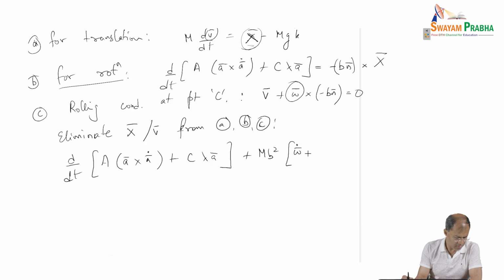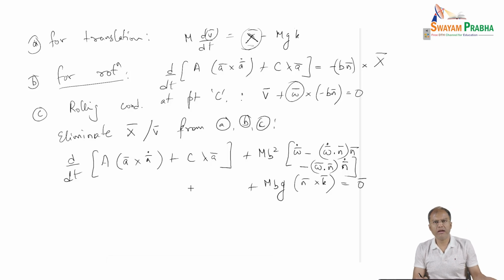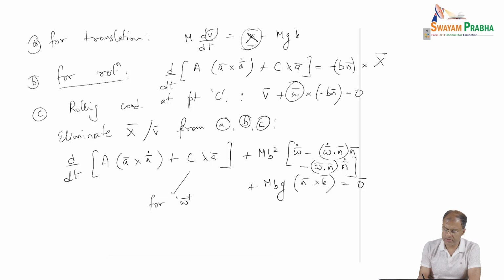So omega dot minus omega dot n times n minus omega n times n dot, right? So all these quantities plus mbg times n cross k, this is equal to 0, right? So this is the giant equation we get for the unknown omega, which is the angular velocity. So let me call this equation number D, this giant equation.